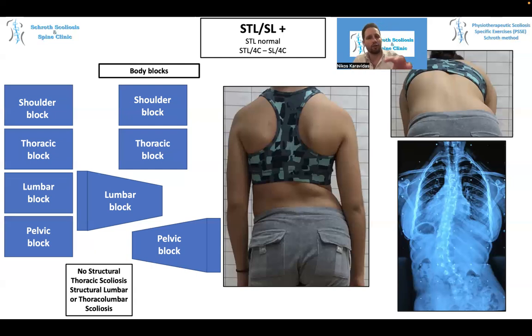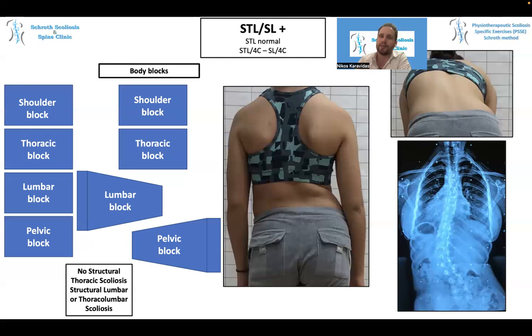So our classification also has this curve type STL or SL minus, which means that when you have an adult patient with a degenerative scoliosis, of course, for this case, you don't aim to get the maximum of correction, because for these cases, you have just to get stability of the curve. This is what you need, not to go to an overcorrection. So this could also be STL or SL minus, especially when you speak about degenerative adult scoliosis.